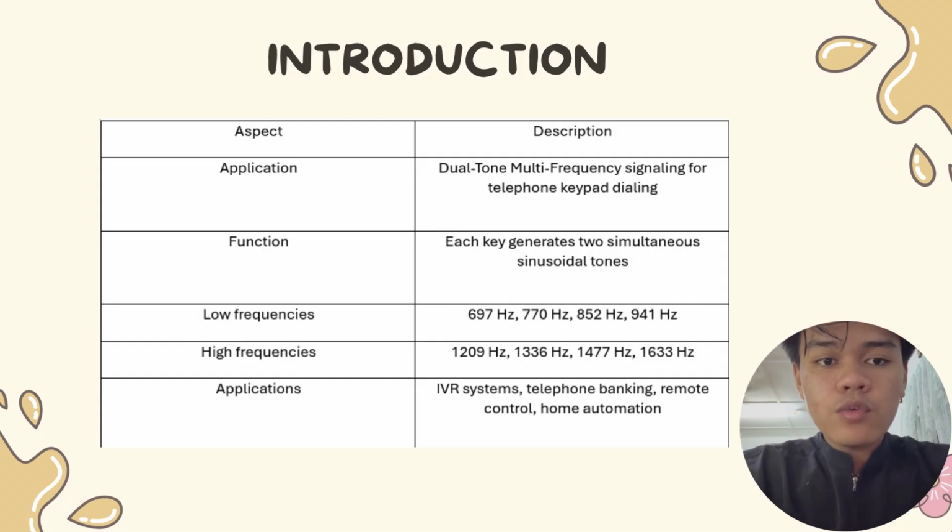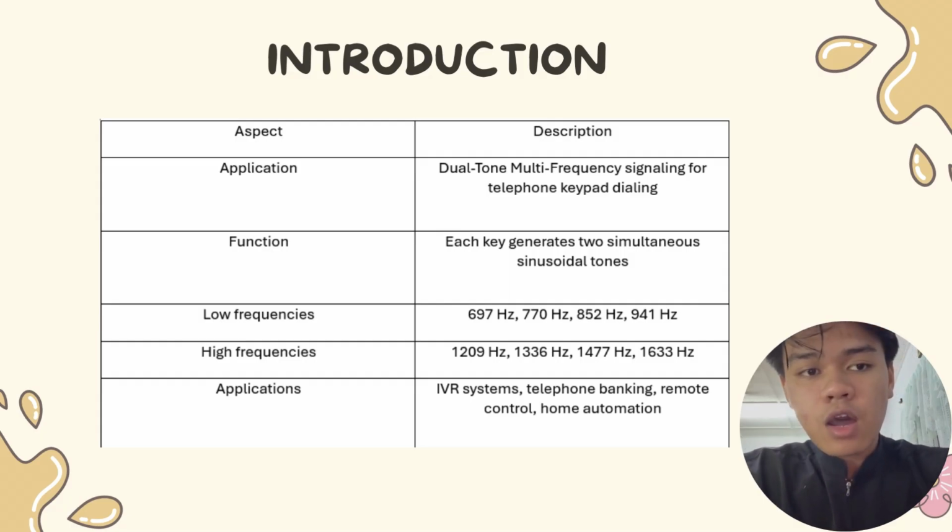The lower frequency group consists of the frequencies 697 Hz, 770 Hz, 852 Hz and 941 Hz. And the higher frequency group also has 4 on the keypad, representing a unique combination of one low frequency and one higher frequency.